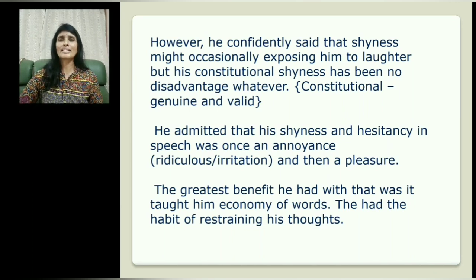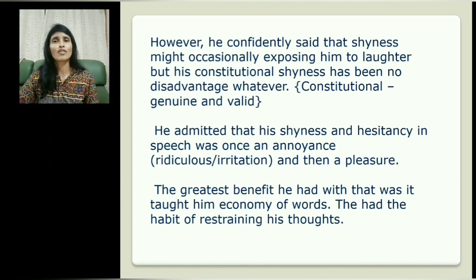However, he confidently said that shyness might occasionally expose him to laughter, but his constitutional shyness has been no disadvantage whatever in his life.